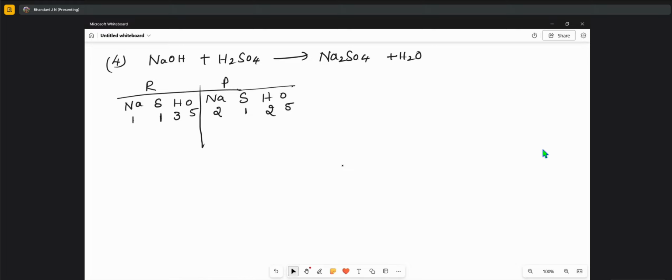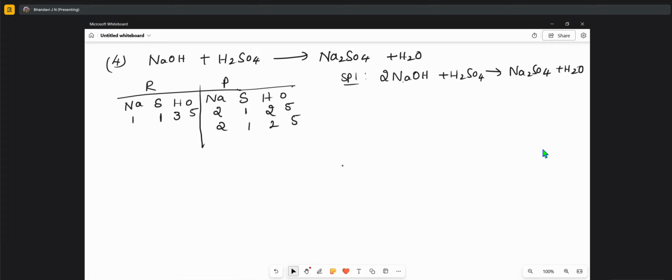So first step, what do I have to do? Sharada, what do I have to do? I have to increase it, because sodium is 2 here and 1 there. Step 1: 2NaOH plus H2SO4 gives Na2SO4 plus H2O. On the product side I have not increased anything, I will write it as it is.